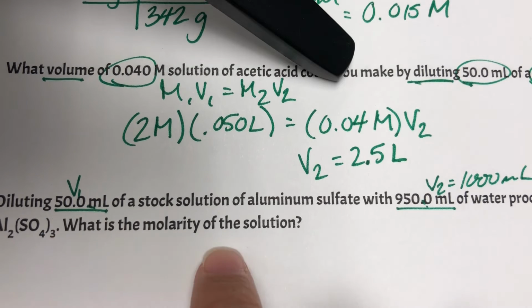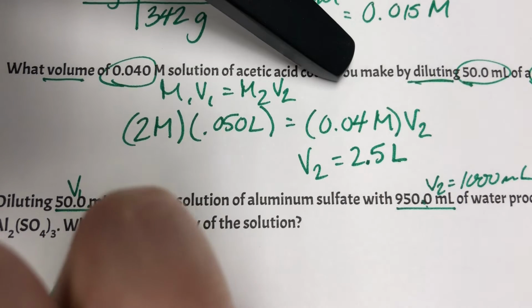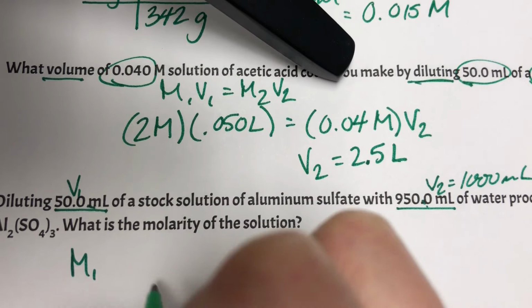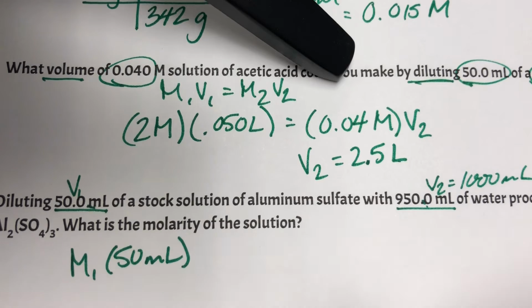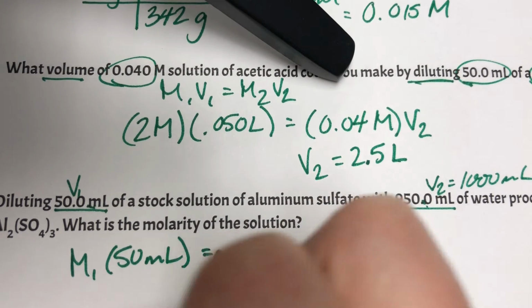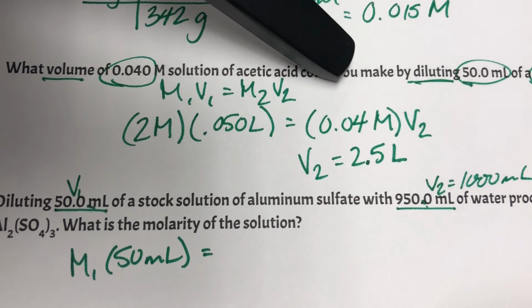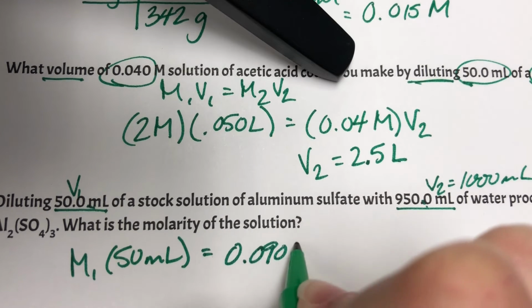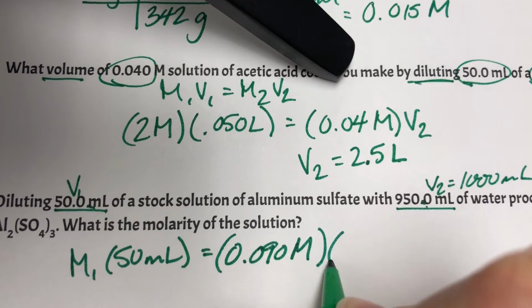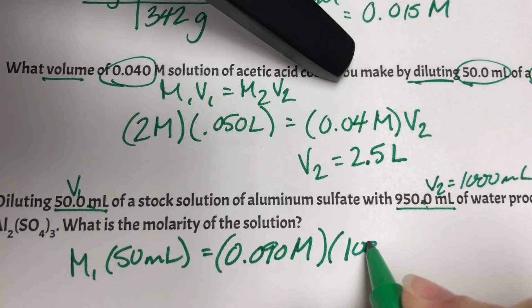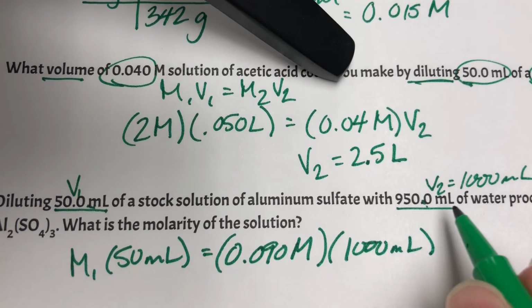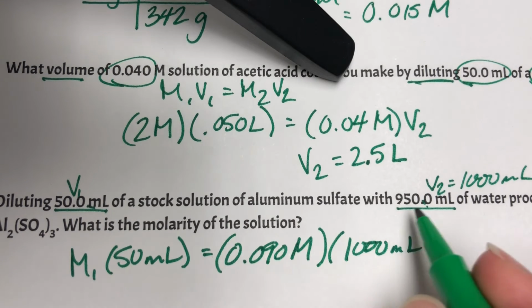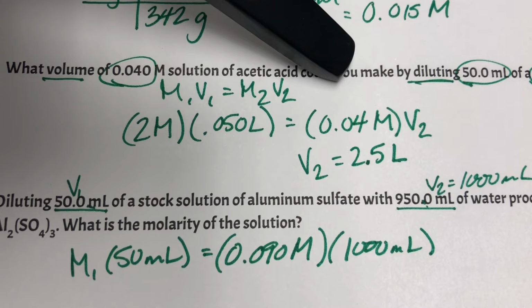Okay, so I don't know my original molarity, so M1 is what I'm looking for. I have 50 milliliters of M1, whatever that is. I create a solution with a molarity of 0.09 molar, and that is 1,000 milliliters of that solution, because I started with 50 milliliters and I diluted it with 950 milliliters of water.